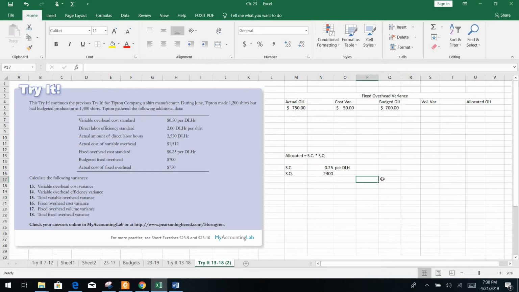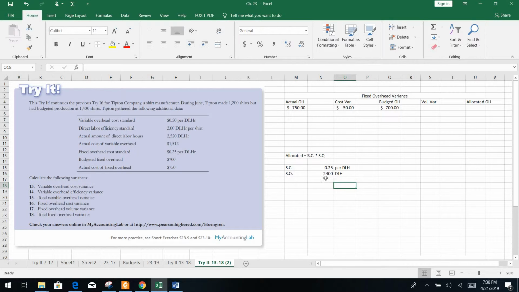Okay, so now we have the two values that we need, standard quantity and standard cost. So we just multiply those two together. And I need to label this direct labor hours. So the label helps you see that we used 2,400 direct labor hours. How much did we charge per direct labor hour?